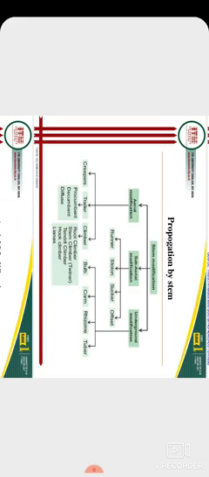After that, subaerial modification: runner, stolon, sucker, offset. Then underground stem modification, that is called bulb, corm, rhizome, tuber. So these are the propagation by stem.